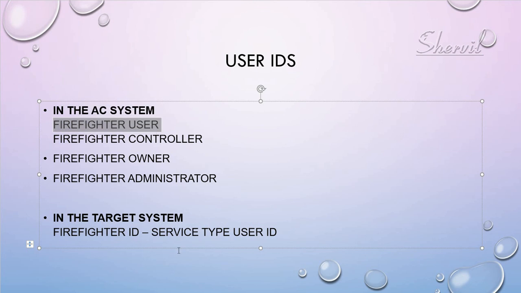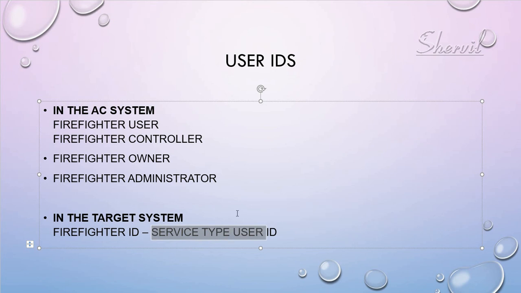This special firefighter ID needs to be of service type. All four of these are actual people, so they will have their own user IDs, which could be dialogue type, whereas the special firefighter ID that you create in the plugin system will be of service type.